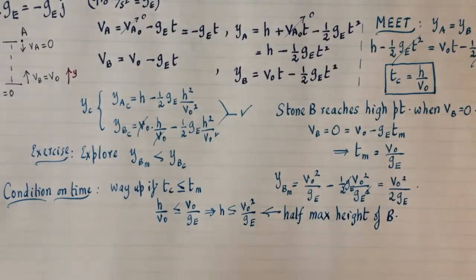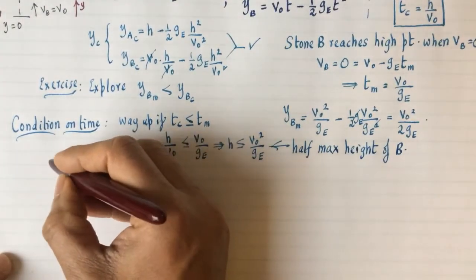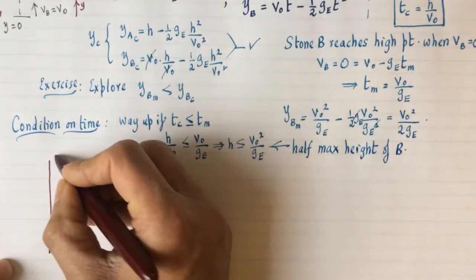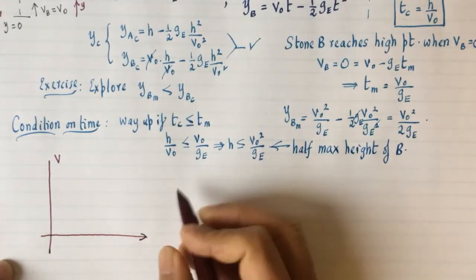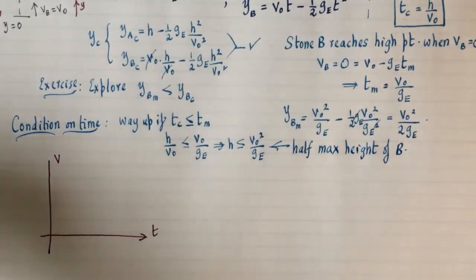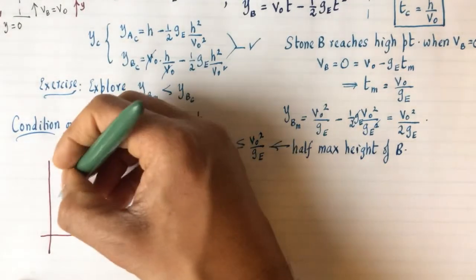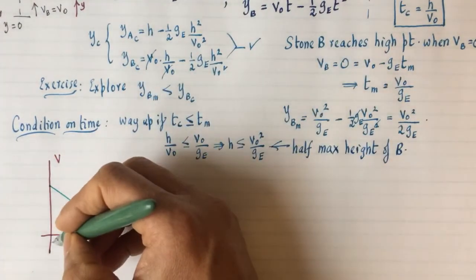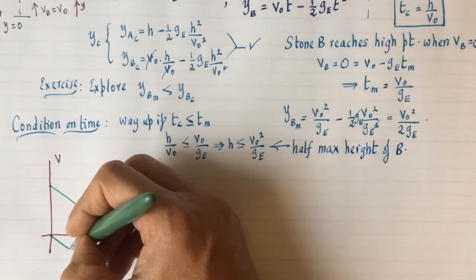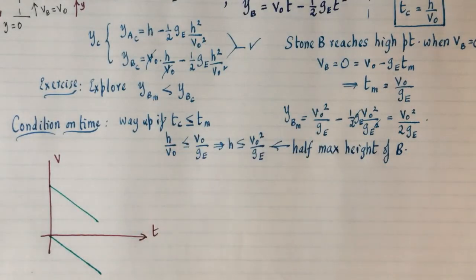Lastly, we have to draw the graphs, motion graphs. Motion graphs are sometimes really interesting to draw. In this example, we expect to see the velocity versus time graphs to be parallel lines because they have the same acceleration. Stone B is that, and I'm going to draw it for the case where it's meeting before the highest point is reached.